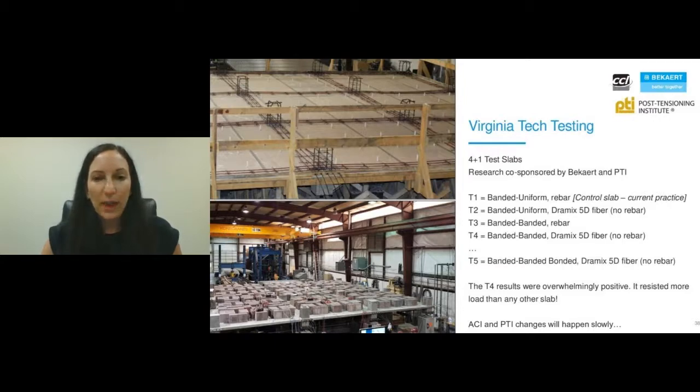As a result of that, the groups, both PTI-CCL and Bekaert, have decided to do a 5th test slab. So that's where that +1 comes in. T5 is in progress. It has not yet been tested, but that's going to be a banded, bonded solution with Geramic. The first 4 slabs were with unbonded PT.